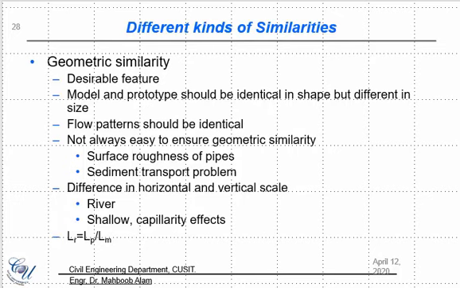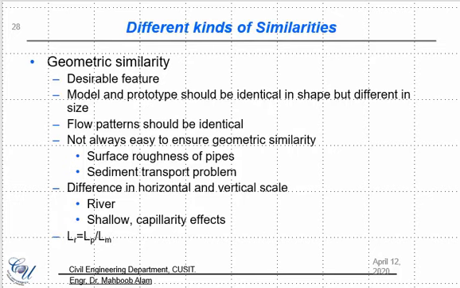Again, the example of a pipeline which is transporting oil from one country to another country. Now, if you decide to make the model very small, then in the model there would be certain forces occurring because of the very small size of pipes, which in reality in the prototype are not present.